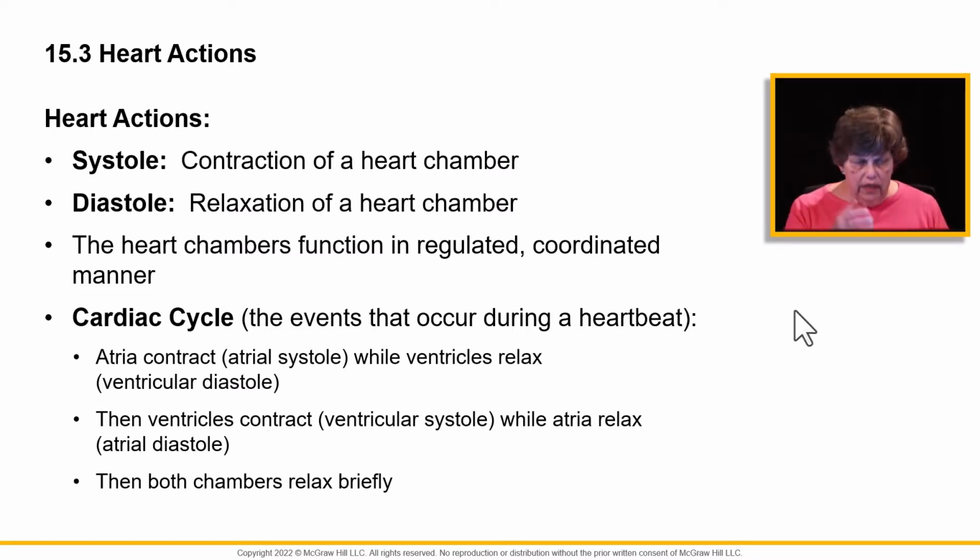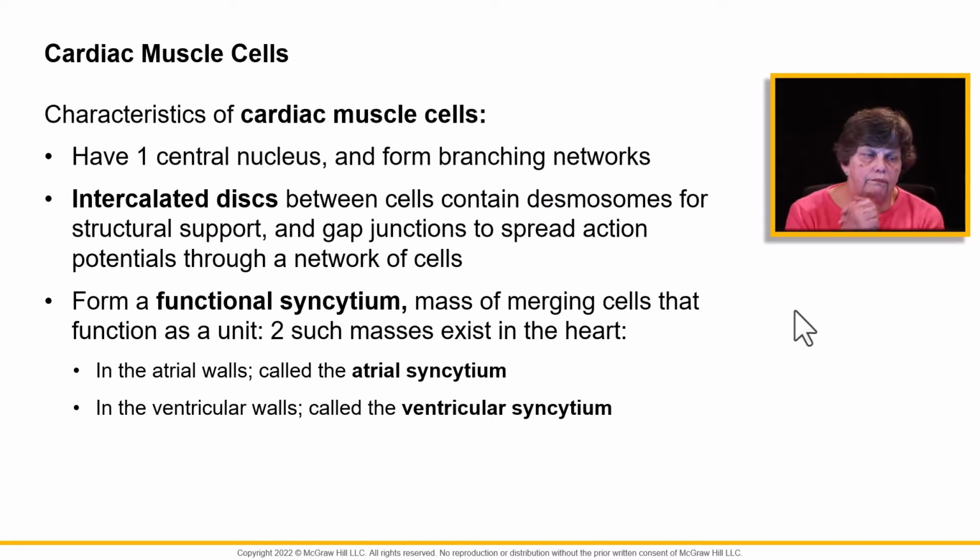The atria contract while the ventricles are relaxing, so you have atrial systole occurring during ventricular diastole. And then the ventricles contract while the atria are relaxing, so you have ventricular systole during atrial diastole. And then you have a very brief relaxation between the two.